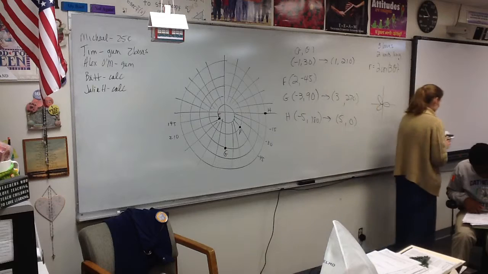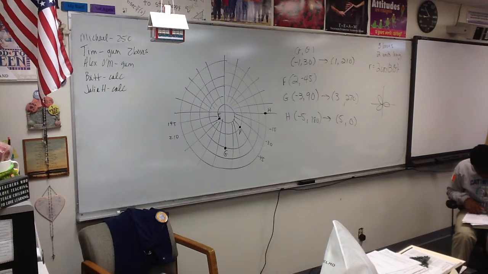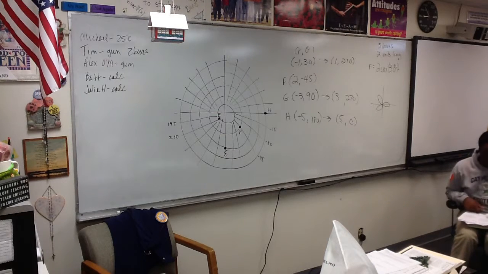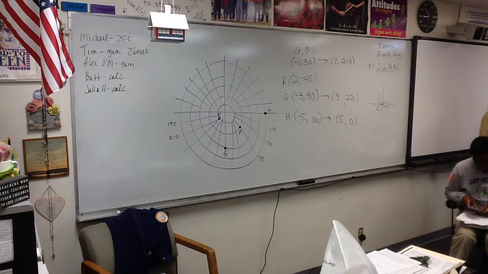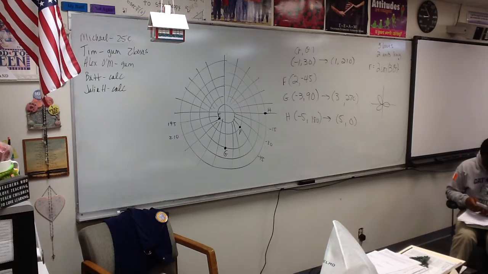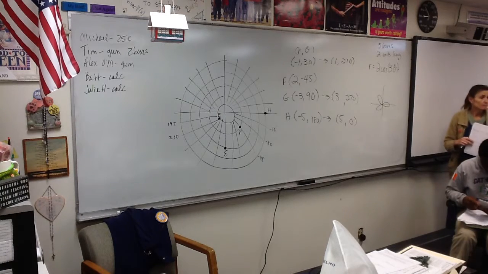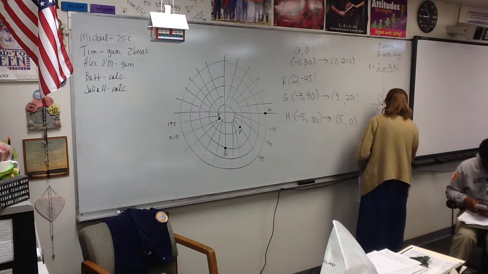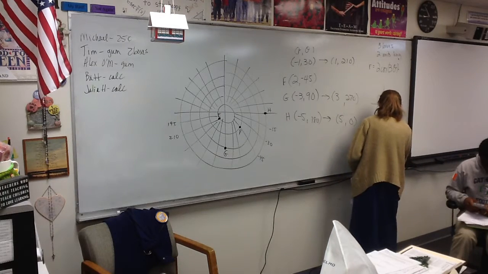Okay? Now, let's take out that equation and let's put in the next one. 4 cosine 2 theta. What happened? You got a shape, hopefully this time, that looks like this.